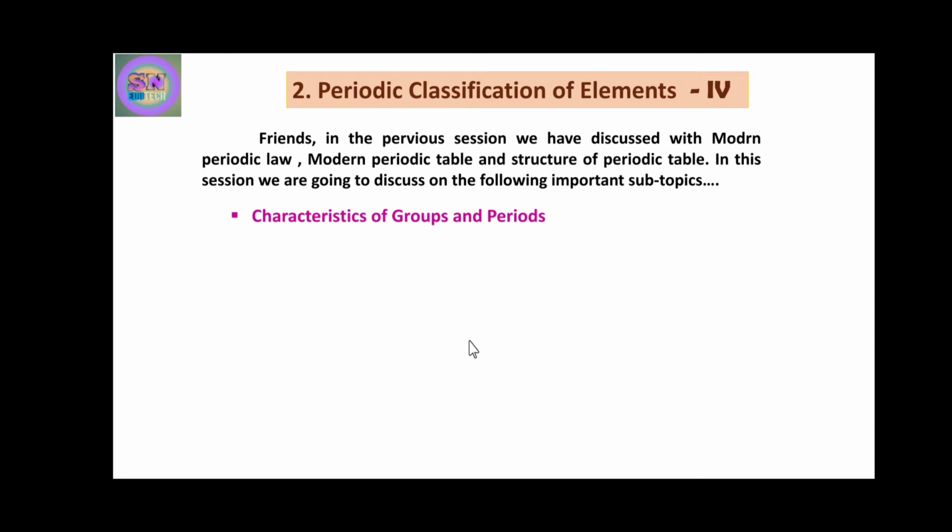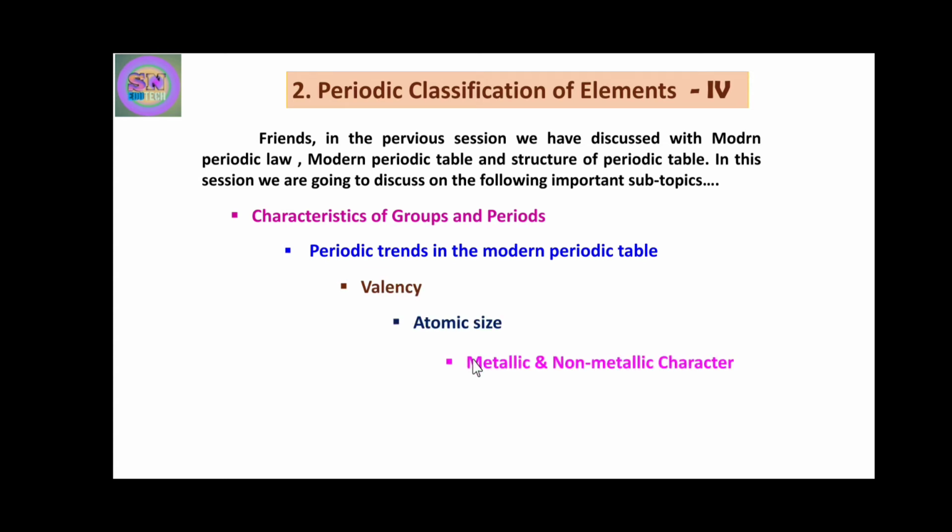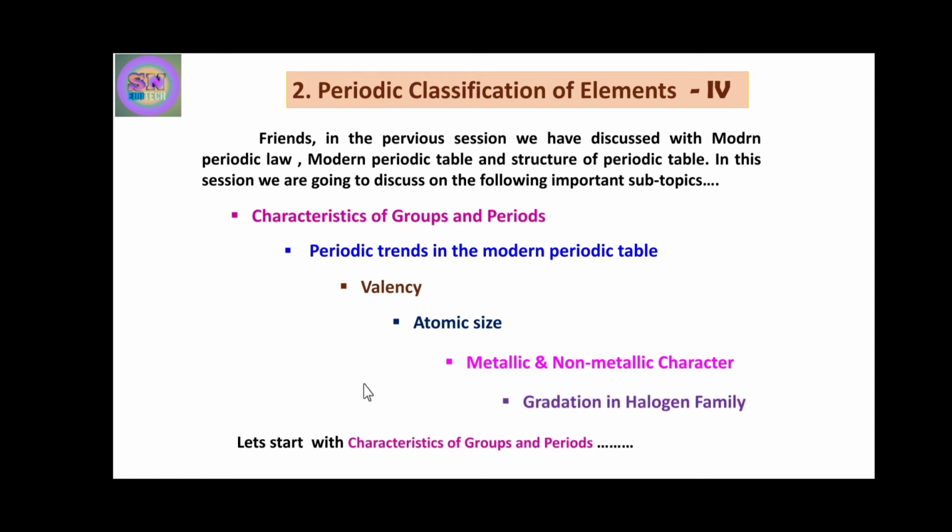In that, we will see the groups and the electronic configuration, the periodic trends in the modern periodic table, valency, atomic size, metallic and non-metallic character, and the gradation in the halogen family. So friends, let's start with the characteristics of groups and periods in the modern periodic table, especially electronic configuration.